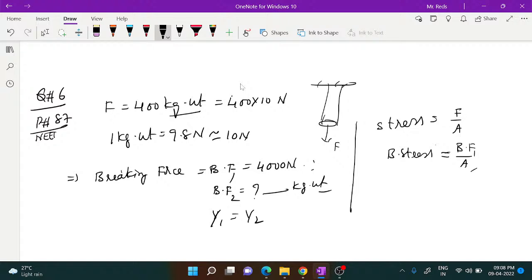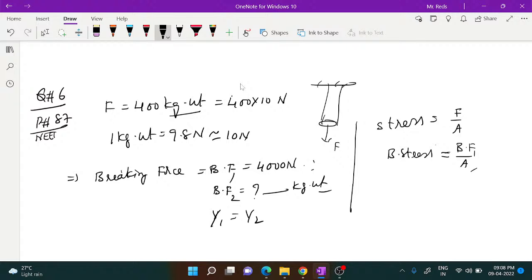Now the next condition is, if the thickness becomes double, what will be the breaking force is the question. The ratio of these two is constant for a given material. So if this changes, this also should change, so that this stays constant.